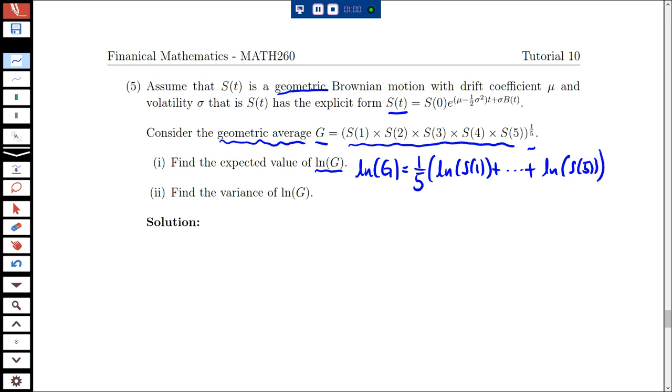Giving us this equation. This is an arithmetic average using logs. And we know each of these log of S 1, 2, 3, 4, 5 from our explicit formula.